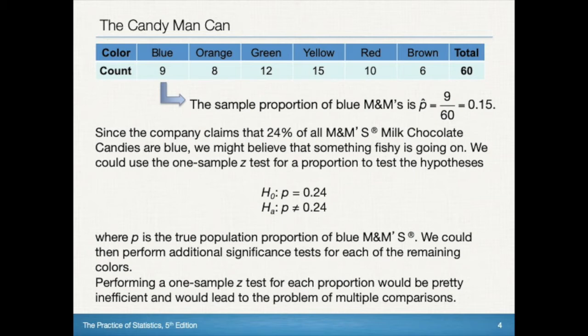Now, recognize that if we had to do this for every single color, we would have to do 6 significance tests of one proportion each, which could take a lot of time and effort. You'll notice again, though, that we still stated this in context of the problem. So regardless of the significance test that we use, this is still going to be the case. Obviously, this is going to be highly inefficient. We're going to want to come up with another way, but this would be the way you'd set it up if we had to do each proportion individually.